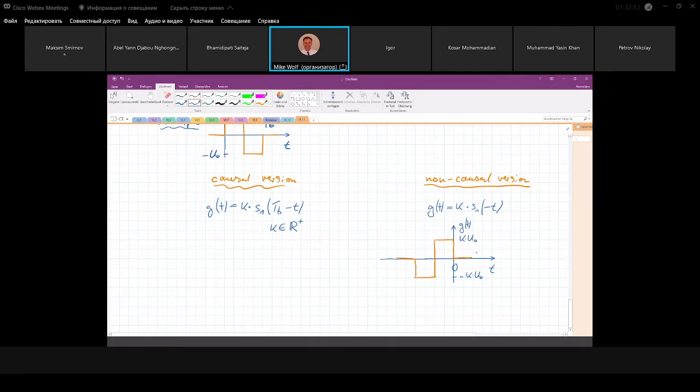Then we have the causal version of this filter. Non-causal means that your impulse response starts before. This is non-causal.